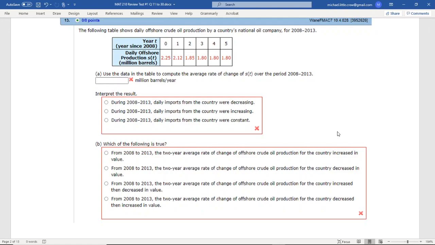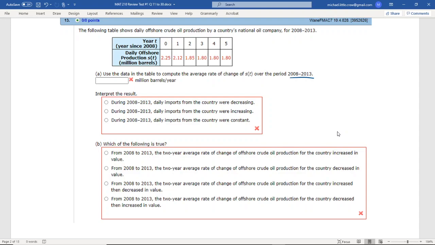So we've got this table that shows us some data, where T is years since 2008, so 2008, 9, 10, and so forth. Production. Use the data in the table to compute the average rate of change of S&T over the period 2008 to 2013. So it's 2008, 9, 10, 11, 12, 13.